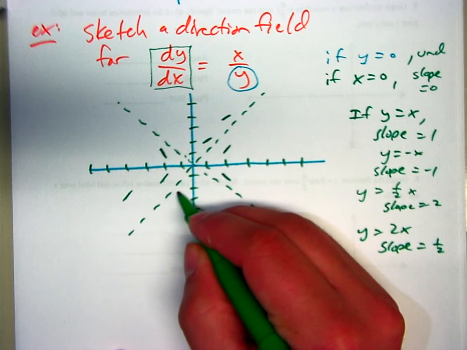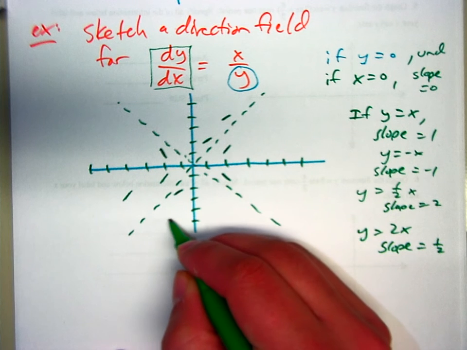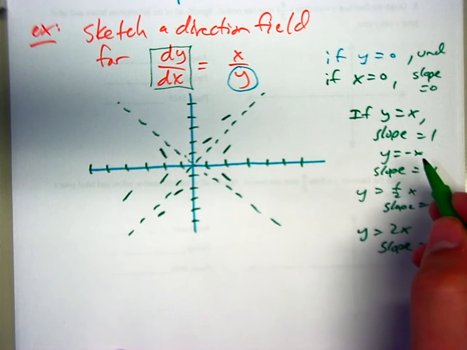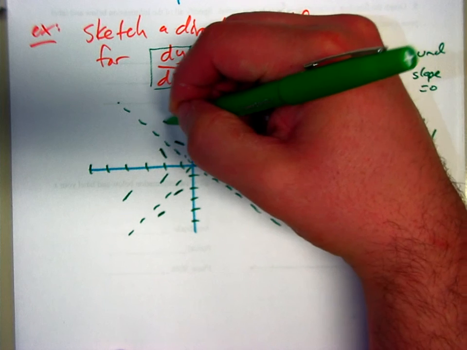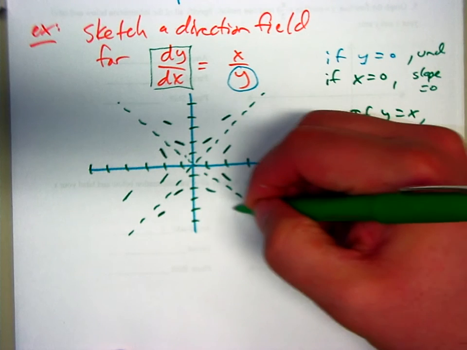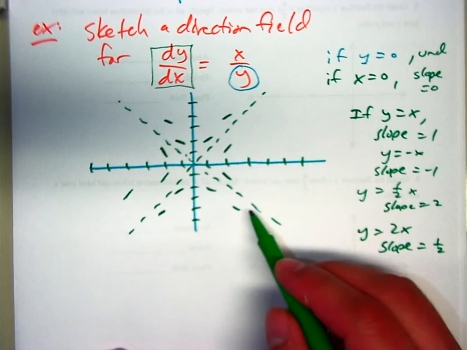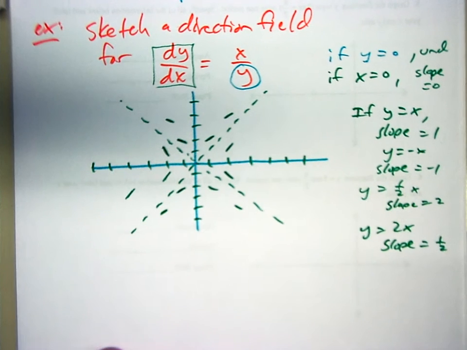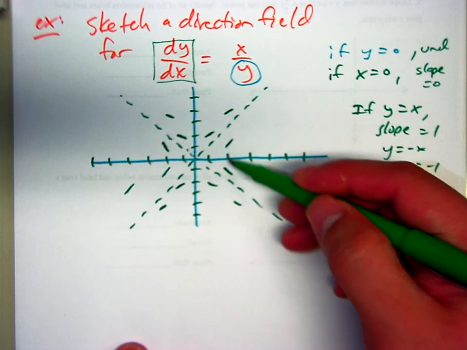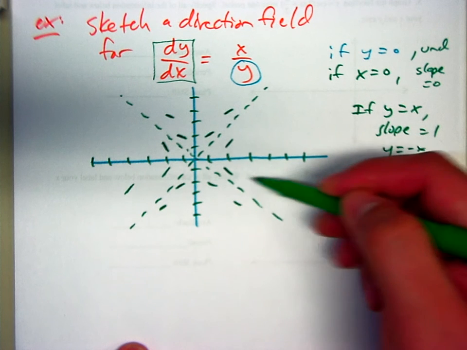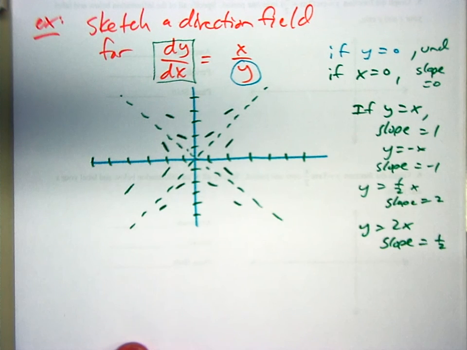Same thing down here. We can go the other way too. And it's a good enough sketch. At this point, if you were given a point, you could see that we're going to have probably a hyperbola sort of solution set.